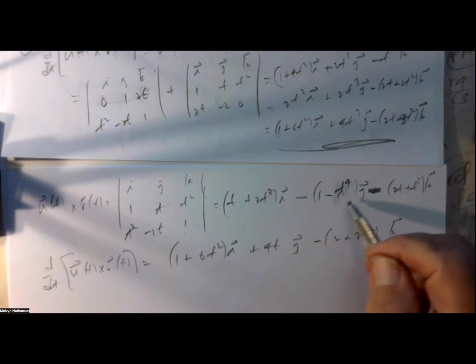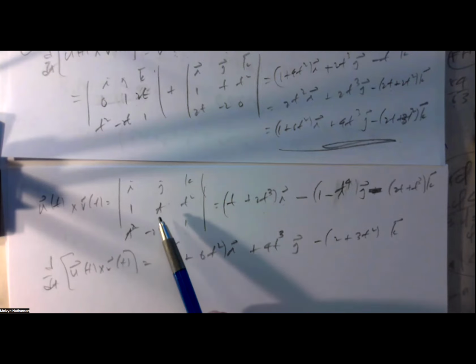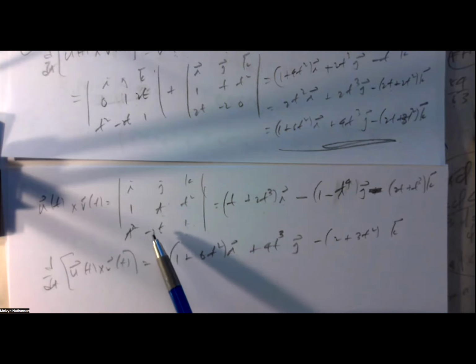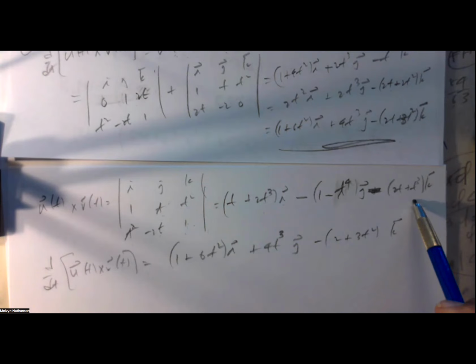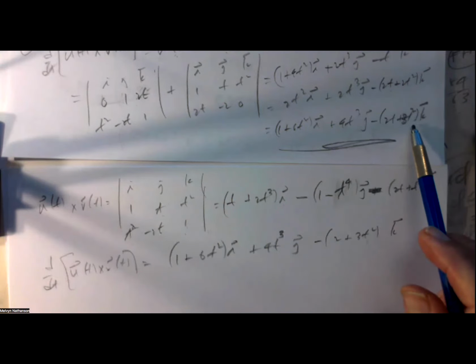So when I differentiate this, I get 4t cubed. And the k component is minus 2t minus t cubed, or minus 2t plus t cubed. And when I differentiate that, I get 2 plus 3t squared. And here, what did I get wrong?